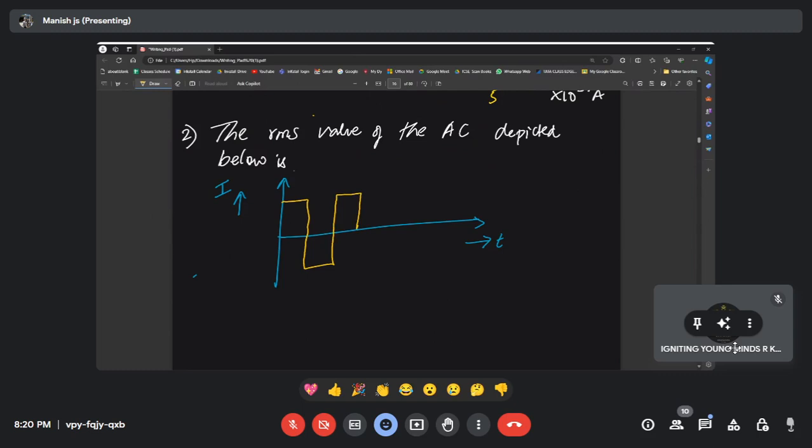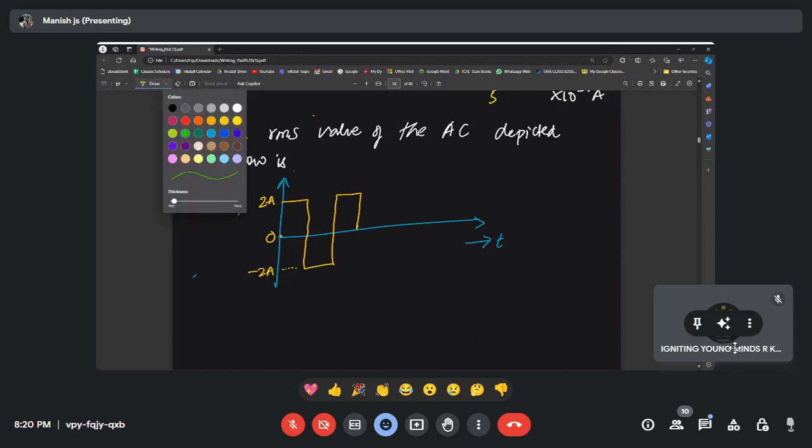The values are here it is 0, and on the top the peak value is at 2 amperes, the positive peak, and negative peak is at minus 2 amperes. The question is you will have to find out what is the RMS value.